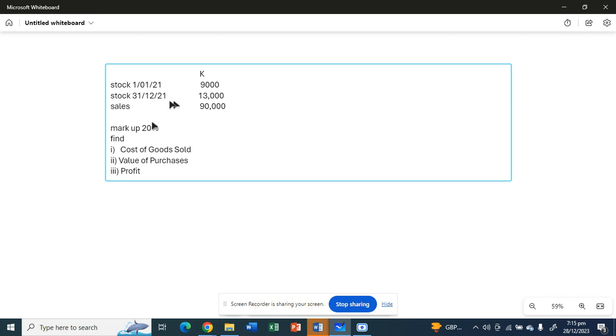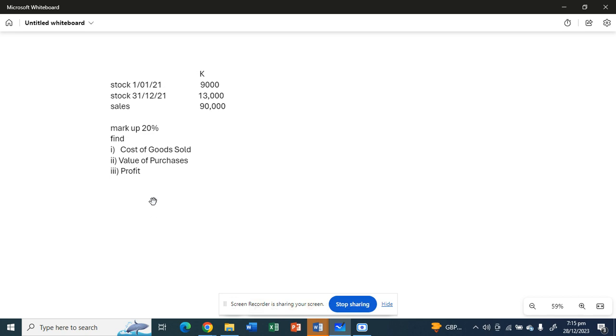So we need to convert this markup into a margin first. After we get the margin, we'll be able to get the profit, which is actually part three of the question here. Then we'll be able to tabulate our cost of goods sold, our value of purchases, and the profit which we've already found. So let's start.